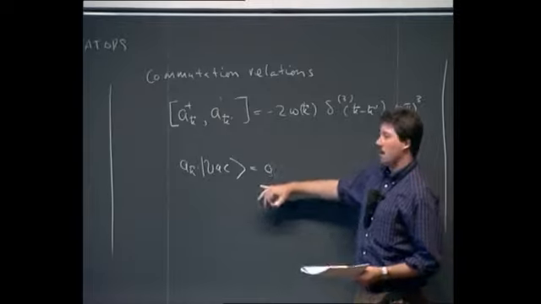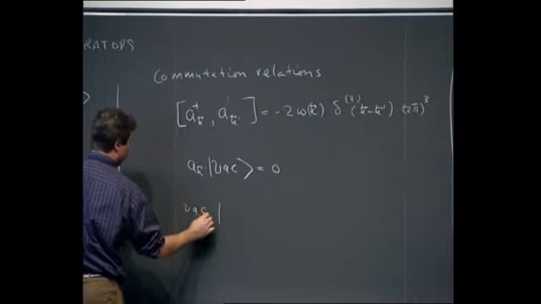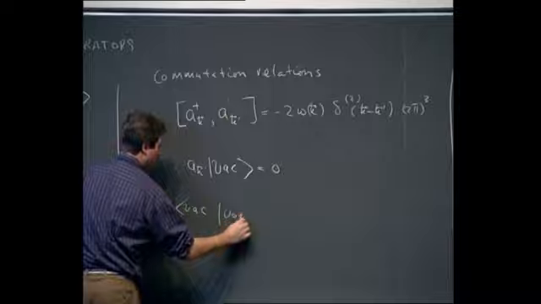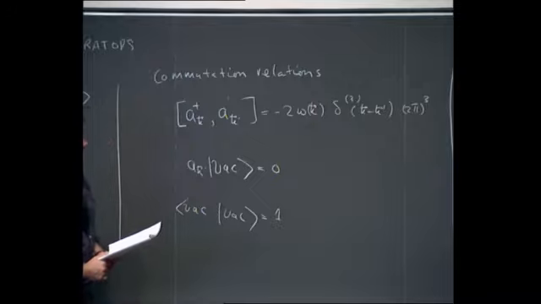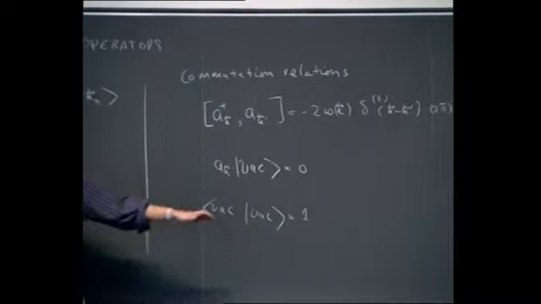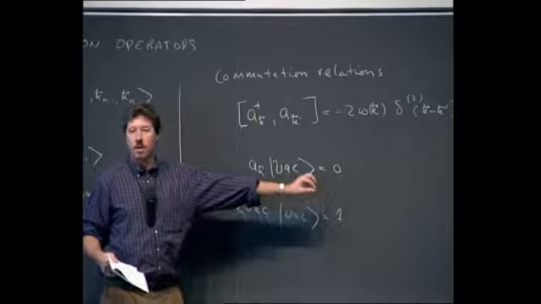Okay, we have a state, and actually the vacuum state is really a state in the Hilbert space. It's normalized in such a way that if I take the inner product of the vacuum state with itself, it's equal to 1. So there's a very important difference between the vacuum state, which is a state in the Hilbert space, and 0, which is not a state.